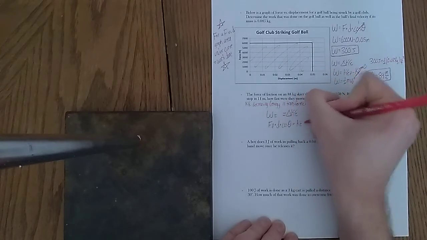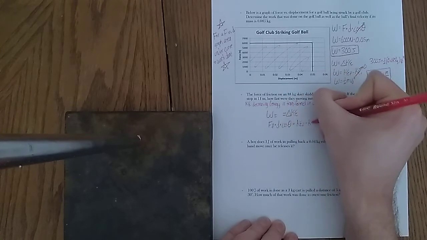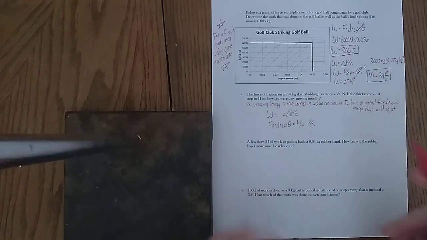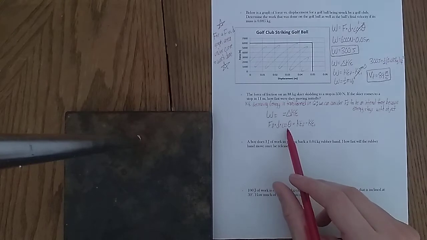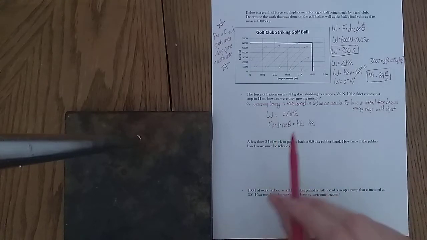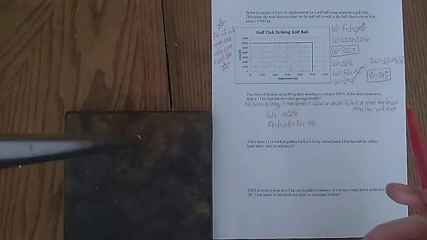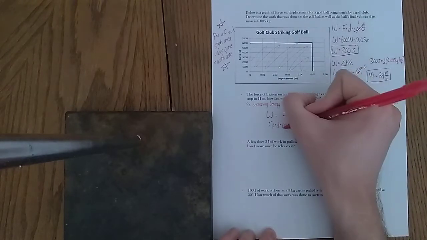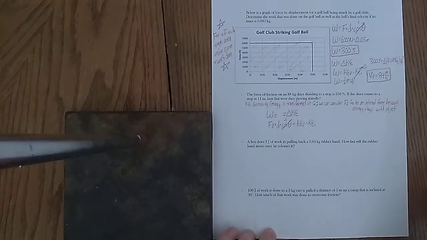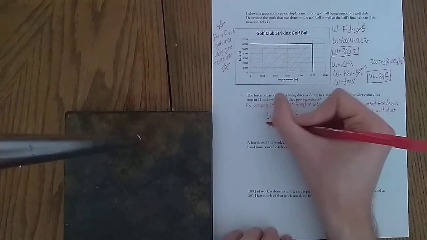This is equal to the change in kinetic energy, so KE final minus KE initial. There's two things we can simplify here. So the angle between force of friction and displacement, the skier is moving forward, friction points in the opposite direction. That's a difference of 180 degrees. Cosine of 180 is -1. So we have a negative out here.